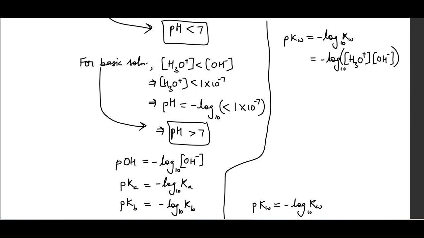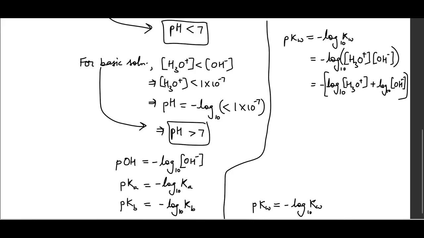And whenever we have a product of two terms under the log, that means it is equal to the sum of the two logs. So I will put minus outside. So log to the base 10 of H3O plus concentration plus log to the base 10 of OH minus concentration.